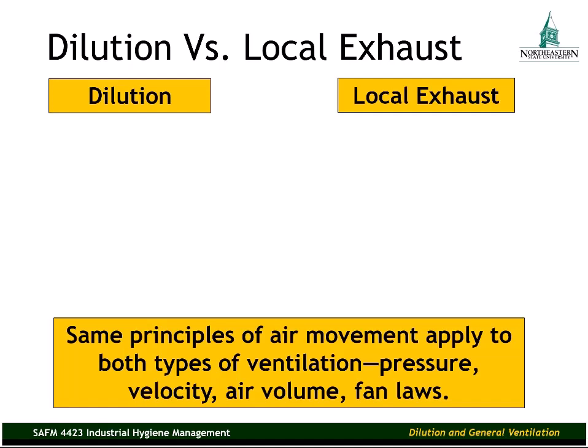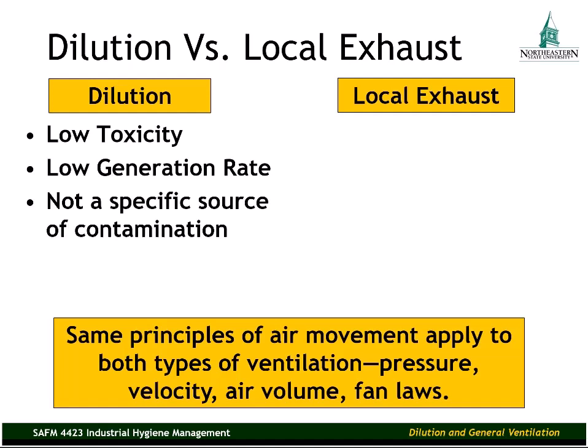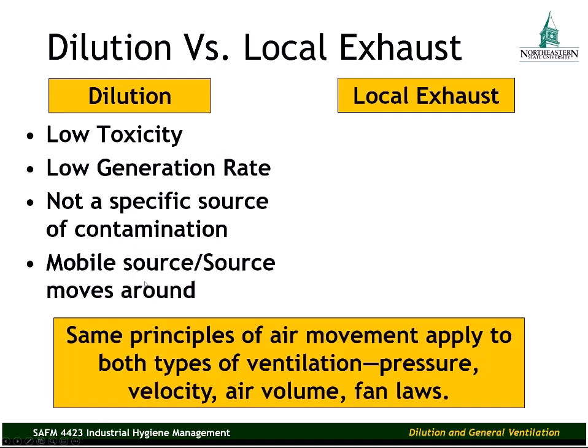But let's contrast dilution versus local exhaust. Again, dilution is for low toxicity, low generation rate. There's not a specific source of contamination. It may even be a contaminant source that moves around the workspace.